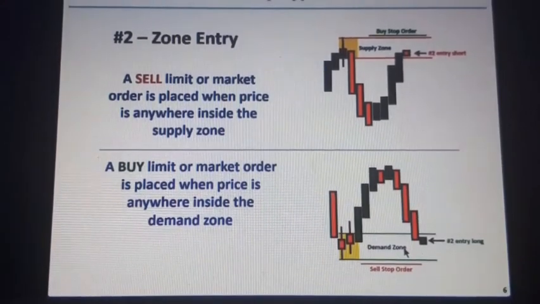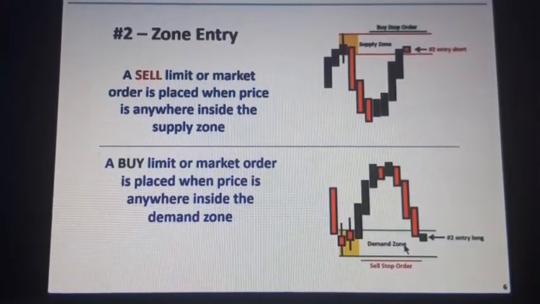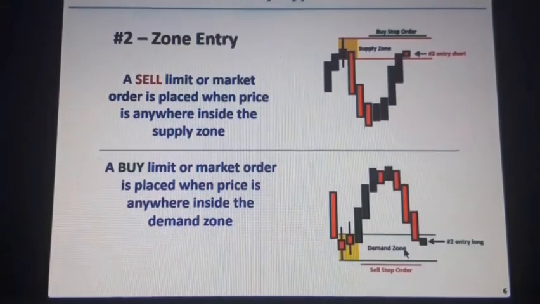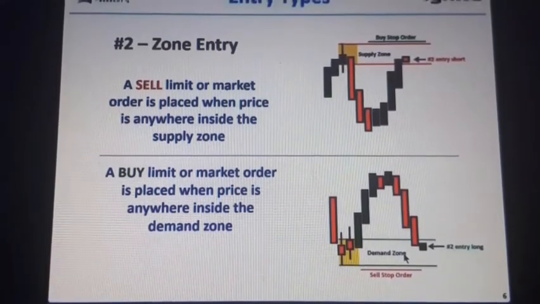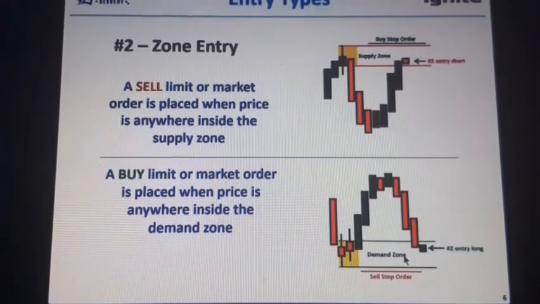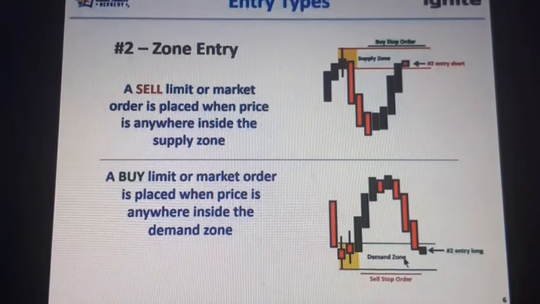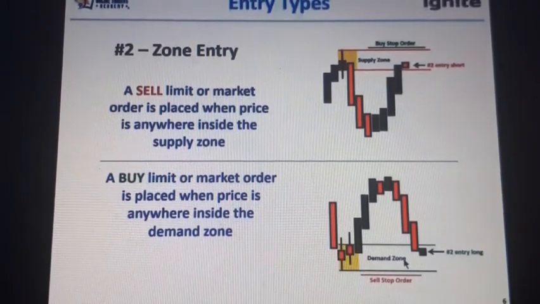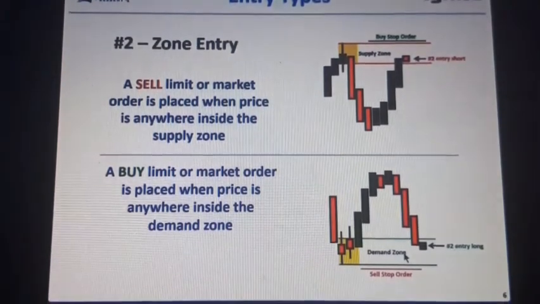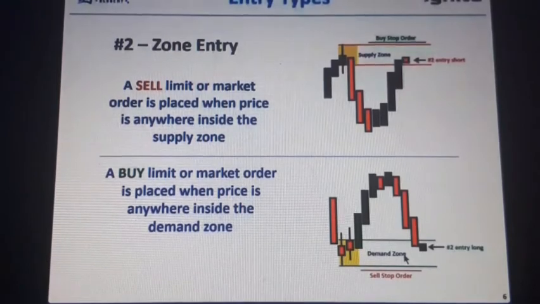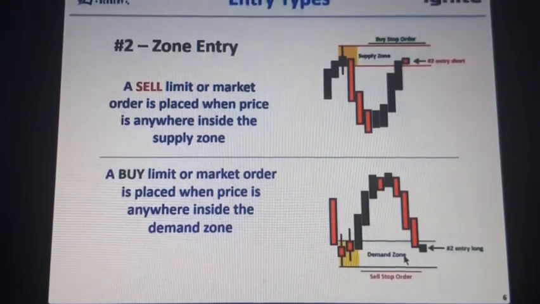So the advantage of proximal entry is that you will get all your trades filled. Mostly if the price comes to the line, you will get a fill. But the disadvantage of type 1 entry is that the risk is more.